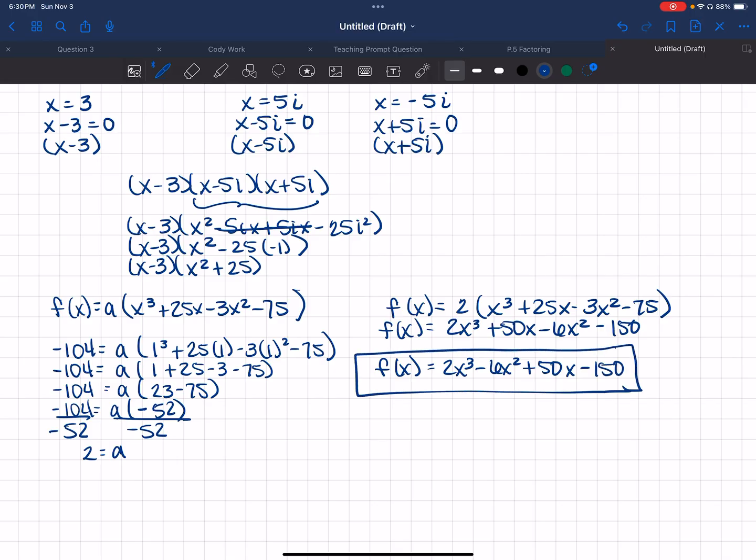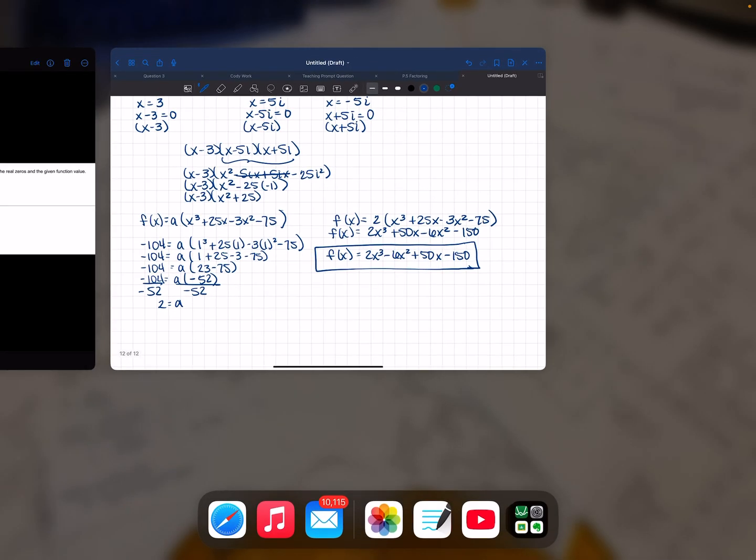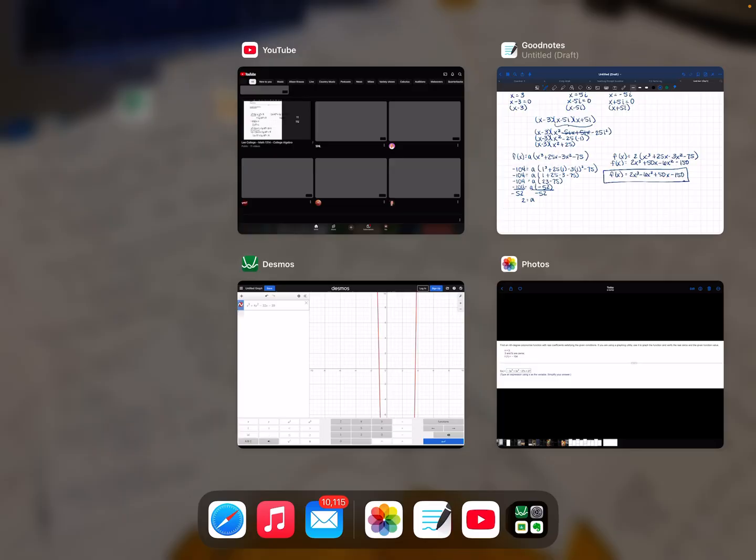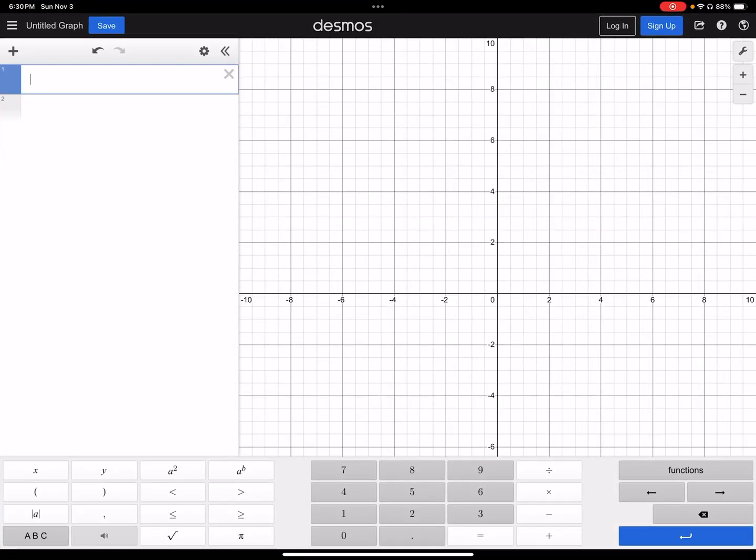Okay, if we want to check that, you can actually put that into Desmos or your graphing calculator, whichever you have, and that's what that second sentence is talking about there. Let's see if I have that up. And yes, I've got it pulled up. Okay.